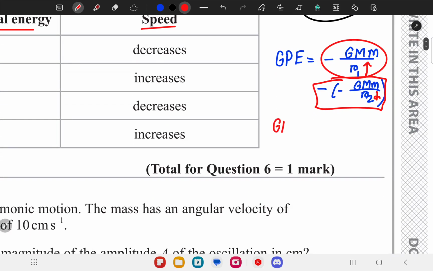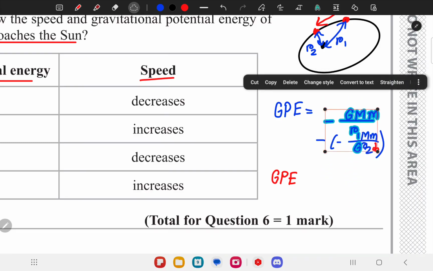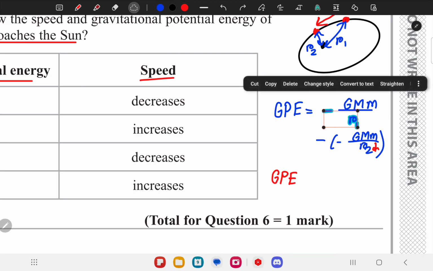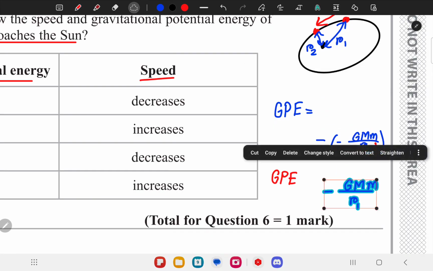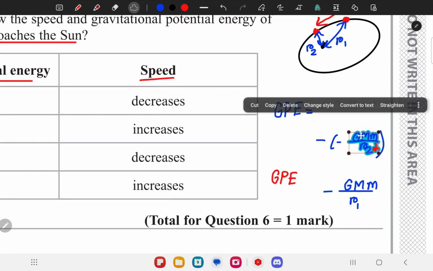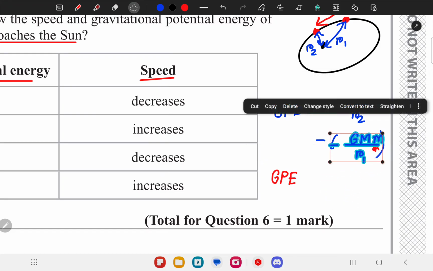My bad, we'll have final minus initial. This will be over here and this will be over here.